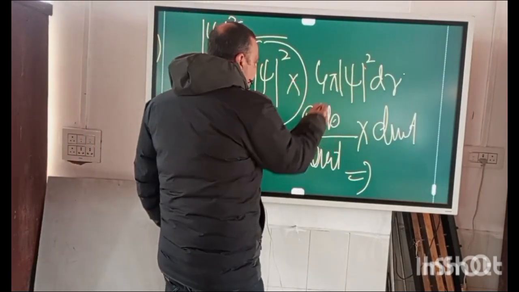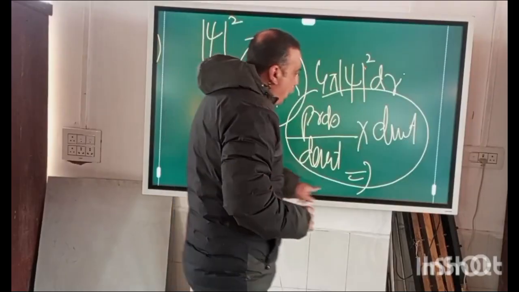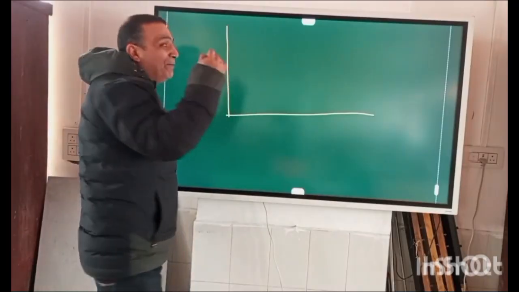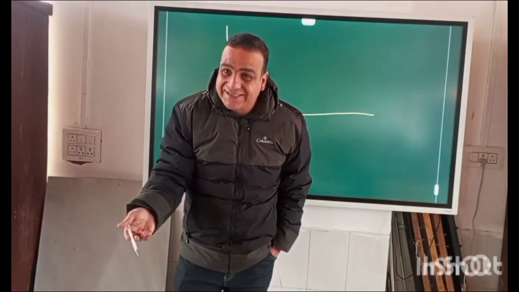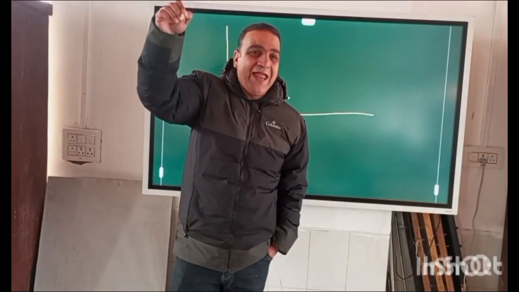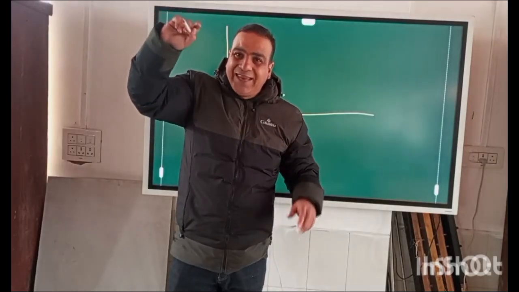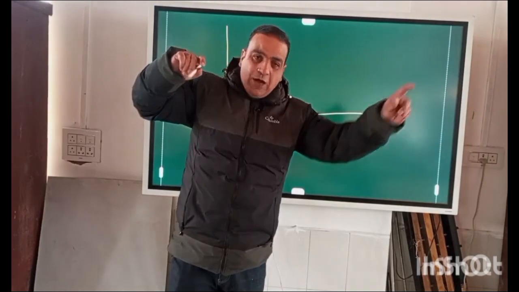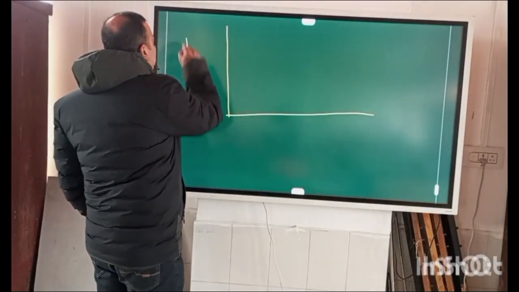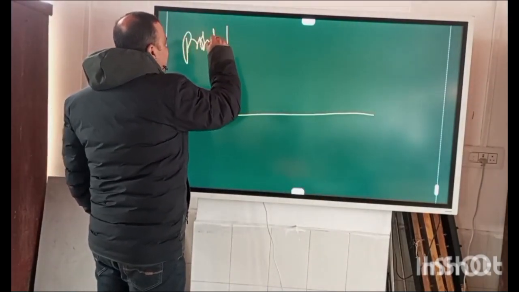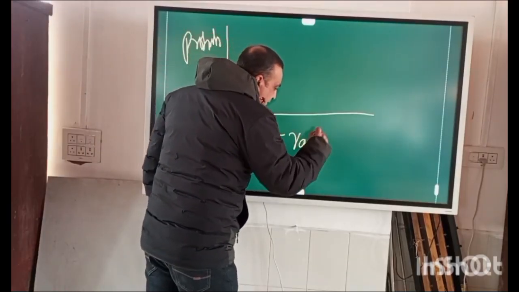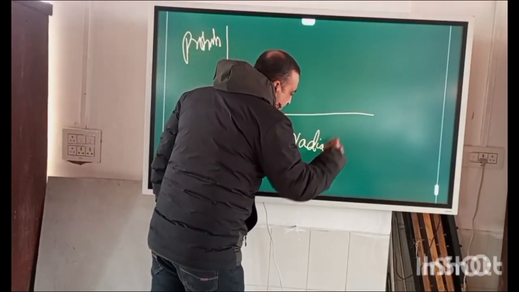So if I choose a situation like this, and I plot it as a function of r, only probability, not probability density, so I have to multiply it by a small thickness where I want to talk about the probability of the electron. And this is my probability, and this is your radius. This is your radial function, I should say.